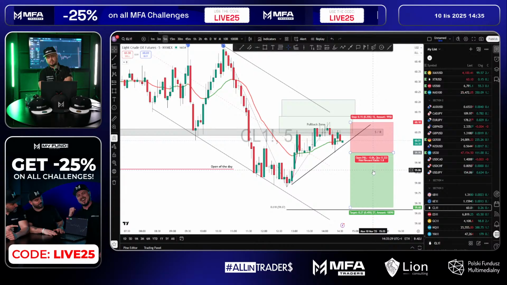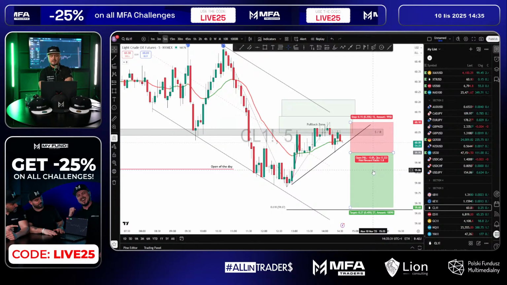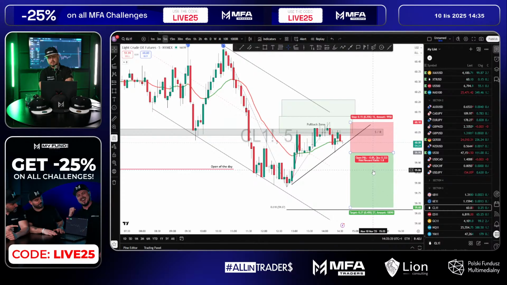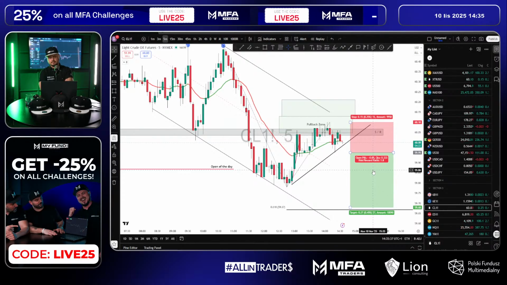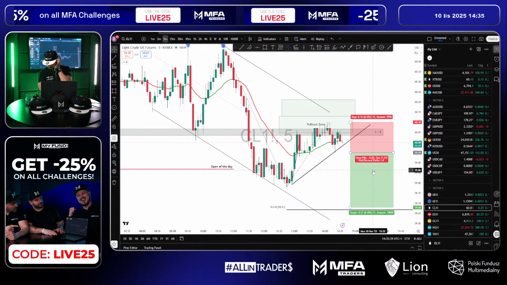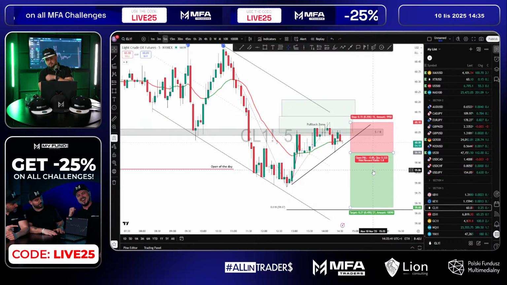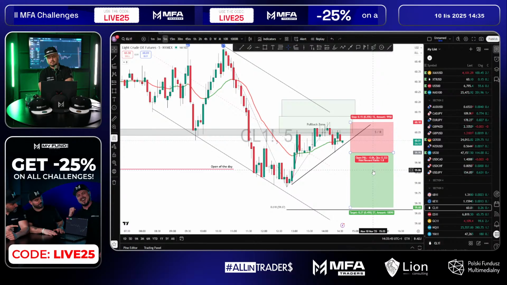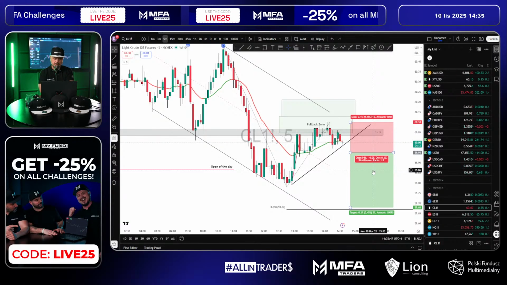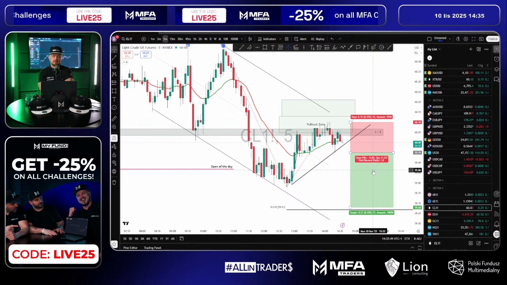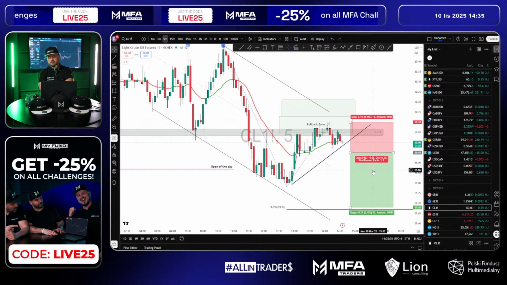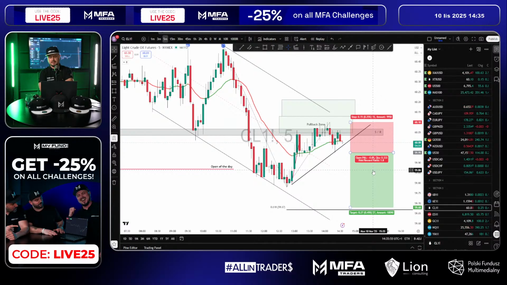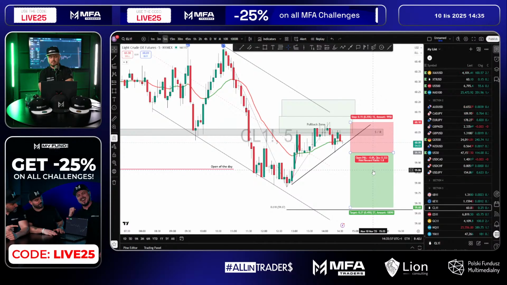Even if we get 1 to 1.5, it will be good. The price definitely stopped at support resistance, so we just need to wait for the breakout.